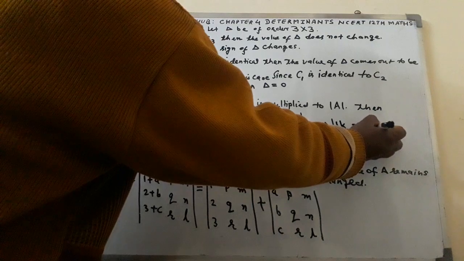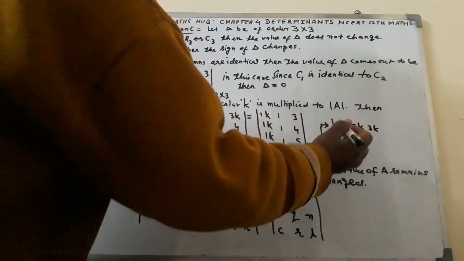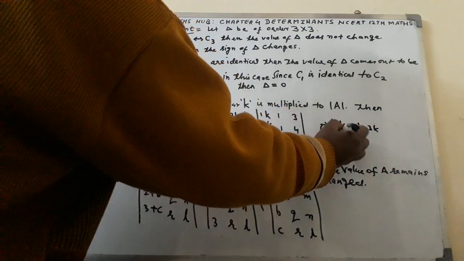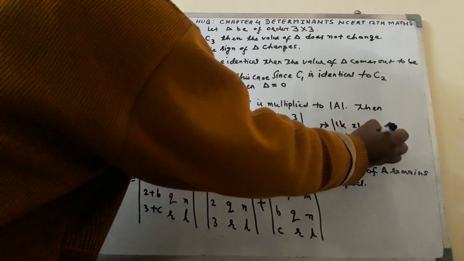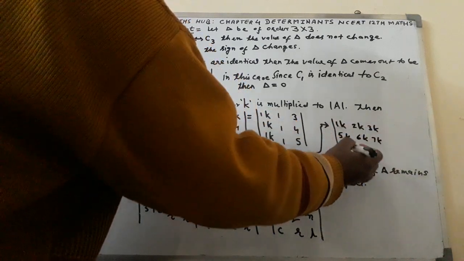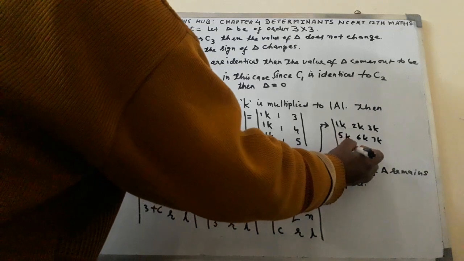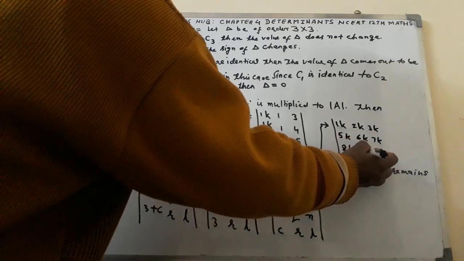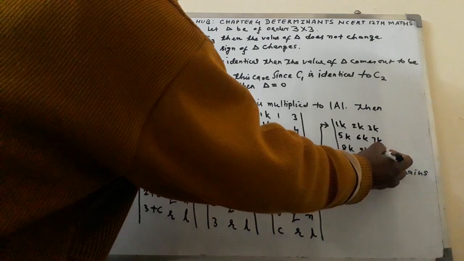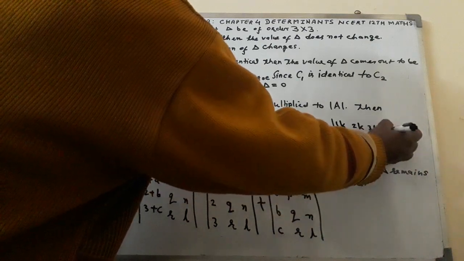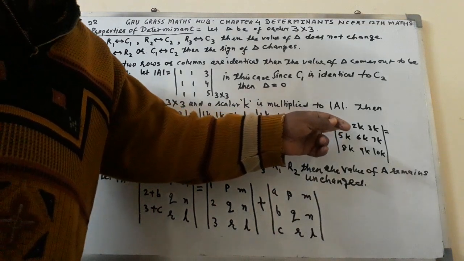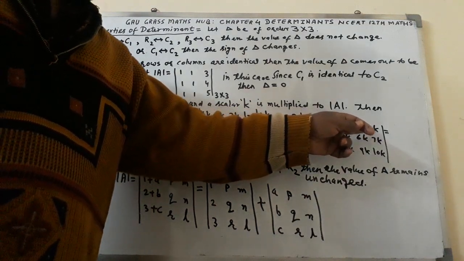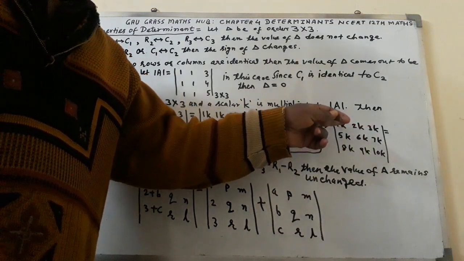Also the next row 5k, 6k, 7k, and the last row 8k, 9k, 10k. In this case, you can take k as common.